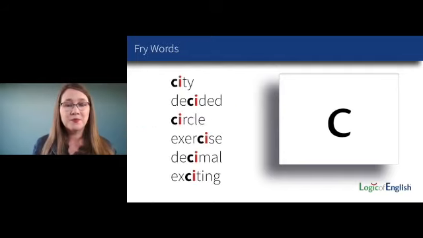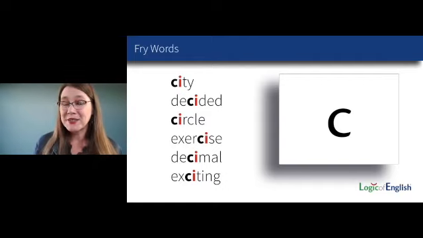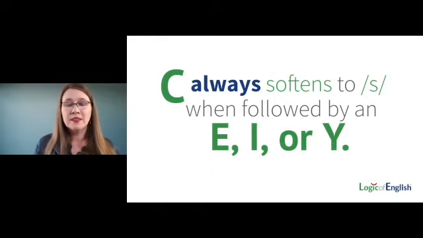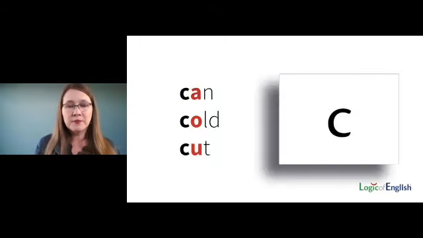Before an E. And what is it saying in city, decided, circle, and exercise? It's saying s. And where is it saying s? Before an I. And what does it say in cylinder, cycle, cypress, and spicy? It's saying s. And where is it saying s? Before a Y. That's because C always softens to s when followed by an E, I, or Y.